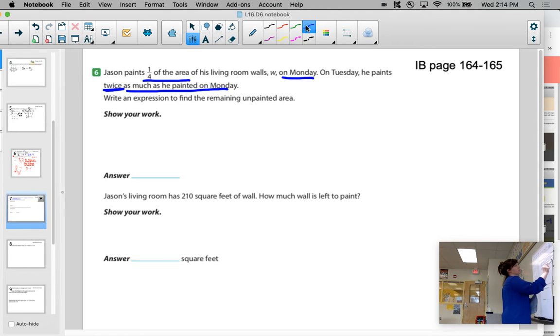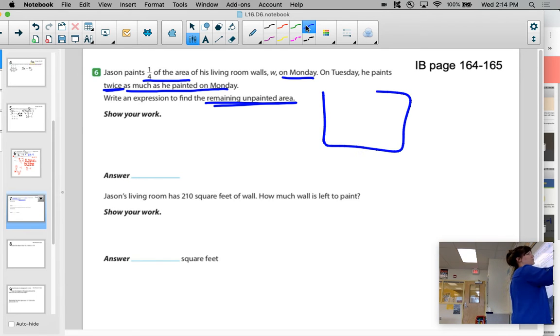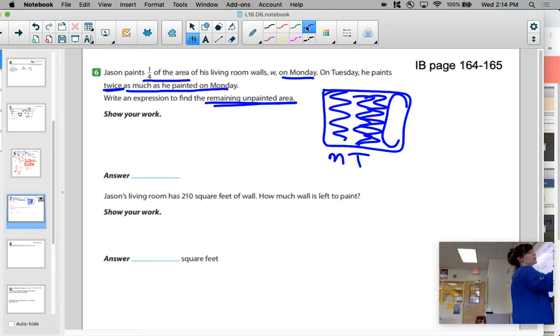And we want to find out the remaining unpainted area. So here's the area that he starts with. He paints a little bit of it on Monday. He paints a little bit more of it on Tuesday. And then we want to know how much is left.